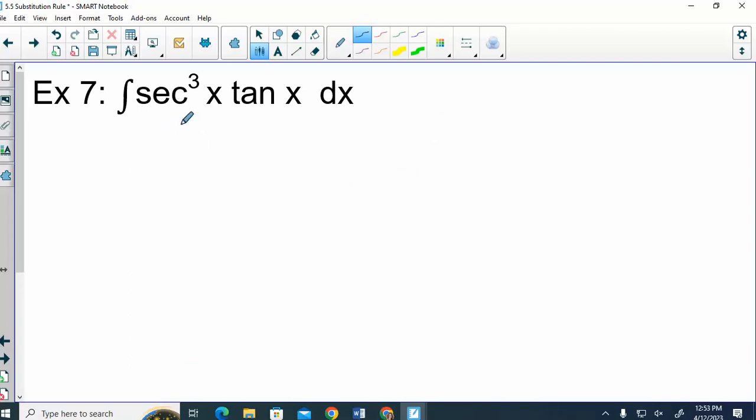But keep in mind, when it says secant cubed, that means you have secant of x to the 3rd times the tangent of x dx. So what do you think the inside function would be? Yeah, that thing to a power is most likely going to be u. So u would be secant of x.